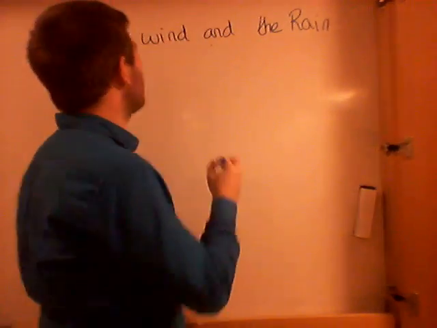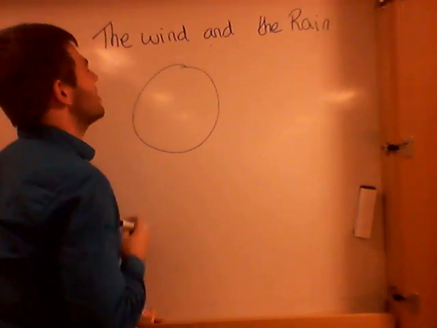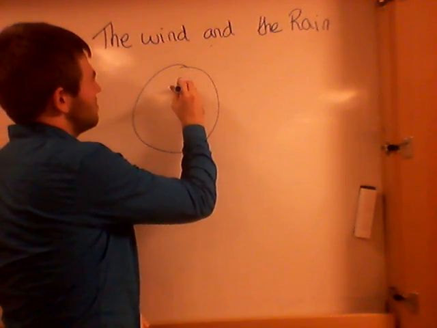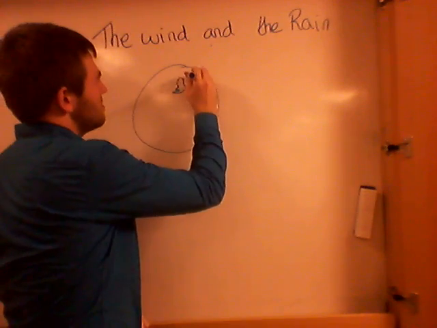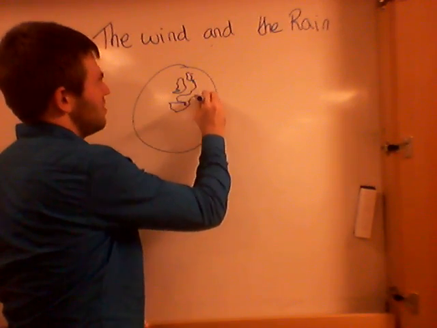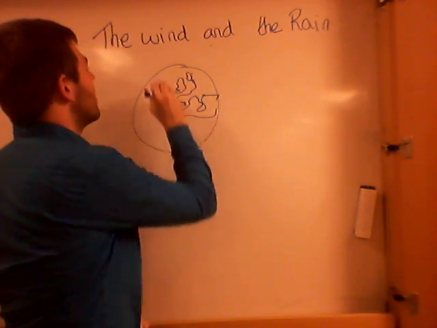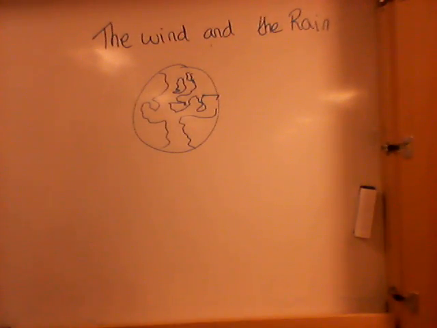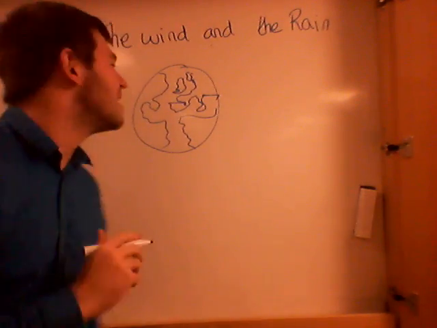If I look at the world though, here's the world, there's UK, Sweden, Norway, and Spain, this is a bit too big for Europe, it doesn't really matter, Africa, here's America, that's pretty good, actually it's terrible, but it'll do.